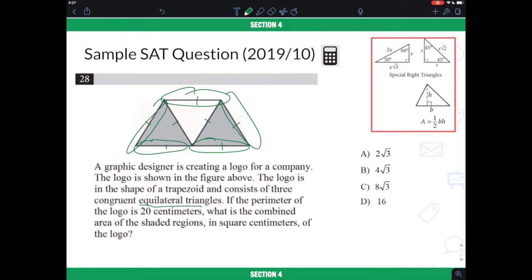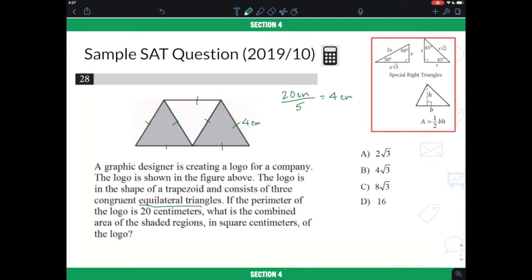Since there are 5 sides and the perimeter is a total of 20 centimeters, if you just do 20 centimeters divided by 5, you can easily find out that each side is going to be 4 centimeters. Let me clean up this diagram so that you can see better. Every single side right here is 4 centimeters.